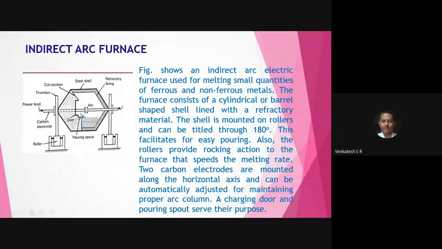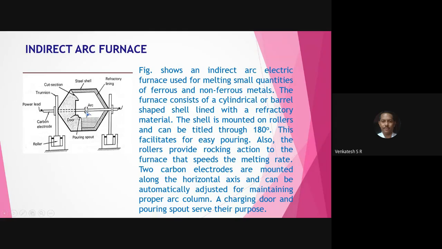As the arc is developed between the electrodes, the carbon particles at the end of the electrode are burnt away. By observing the arc between the two electrodes, the operator will adjust the gap between them.